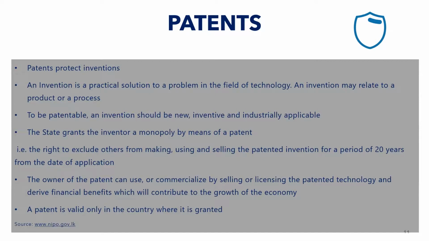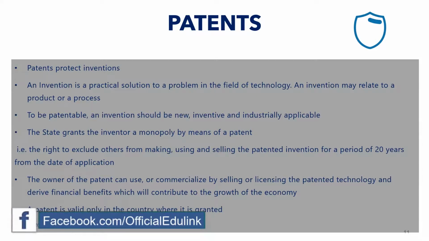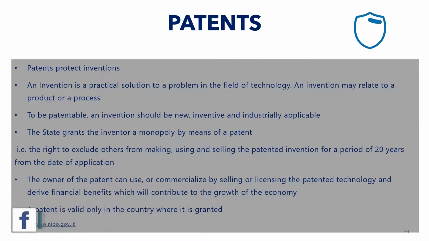So whilst patents are economically justified, and it is always justified by saying that many people have spent a lot of money and hours trying to invent this particular practical solution to a problem, right? So a lot of money has been spent, a lot of time has been spent.